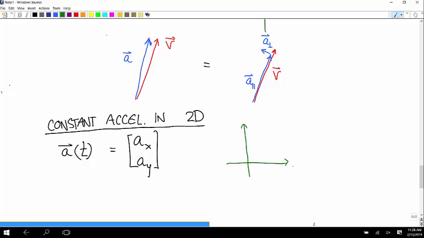So if this is the coordinate system, we're going to have some constant value ax, some constant value ay, and then this is the acceleration vector.